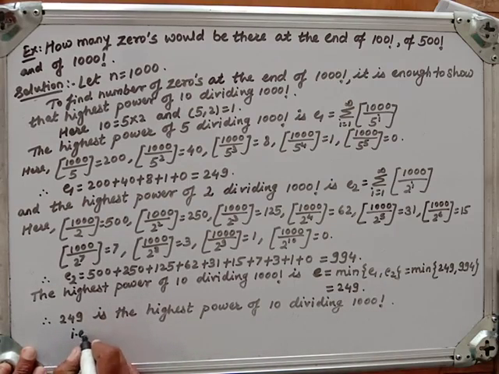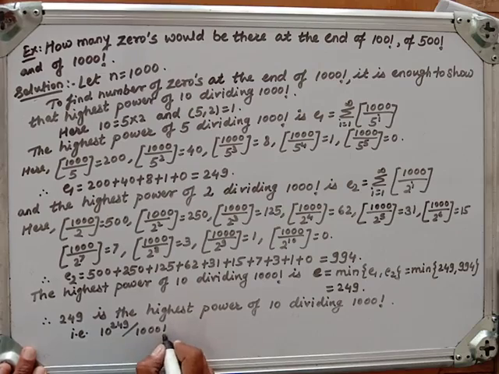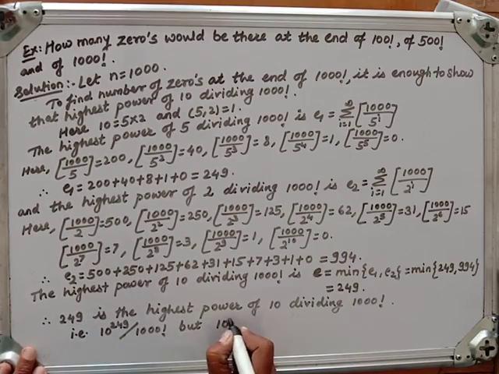That is 10 raised to 249 divides 1000 factorial. But 10 raised to 250 doesn't divide 1000 factorial.